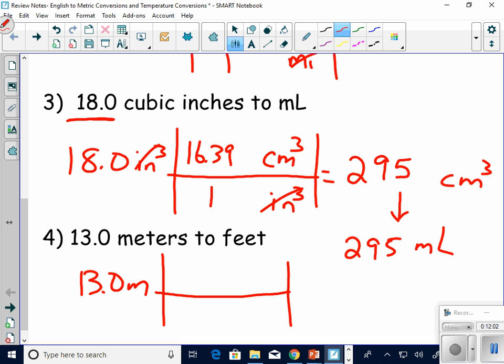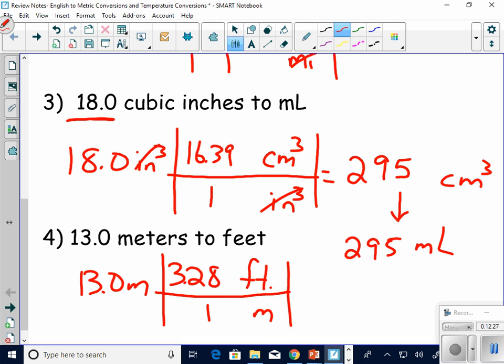Meters to feet. Yes, I do. I look there, and I say, okay, I want meters to cancel. I want feet to be on top. So my conversion factor, meters to feet, is 3.28 feet in 1 meter. So a little bit over 3 feet to a meter.